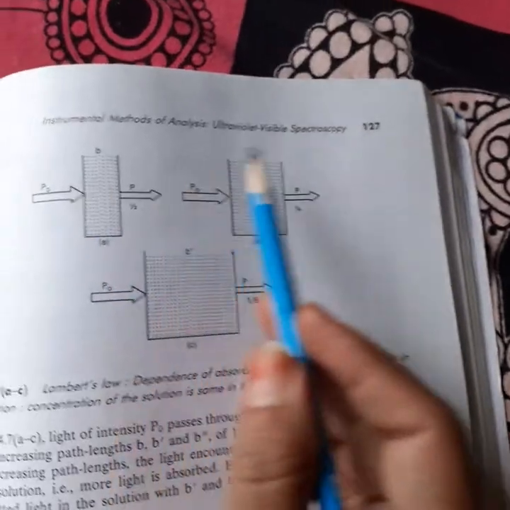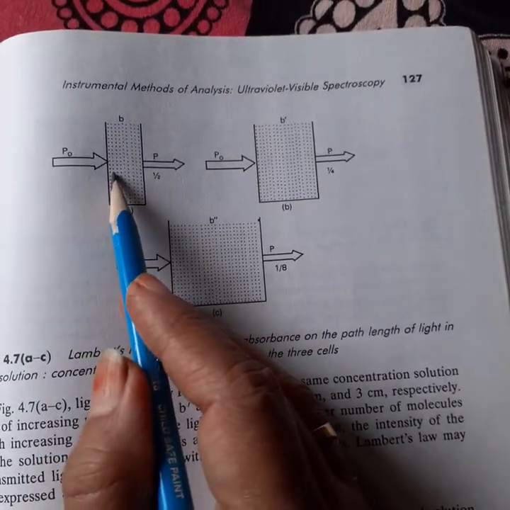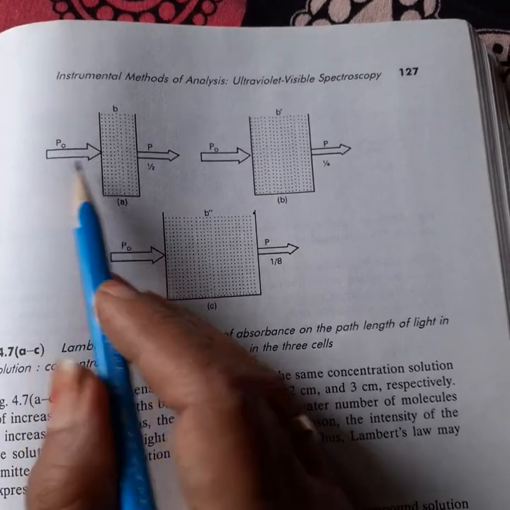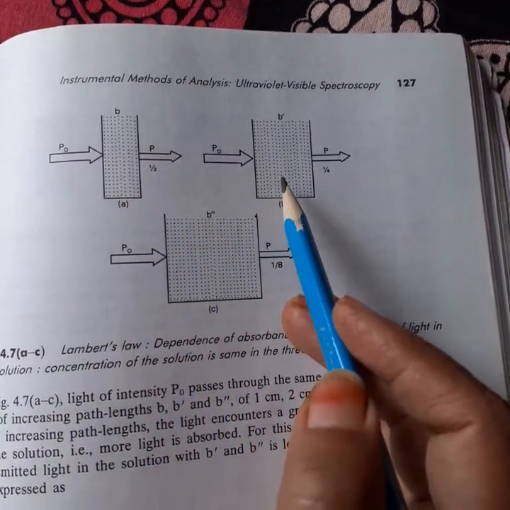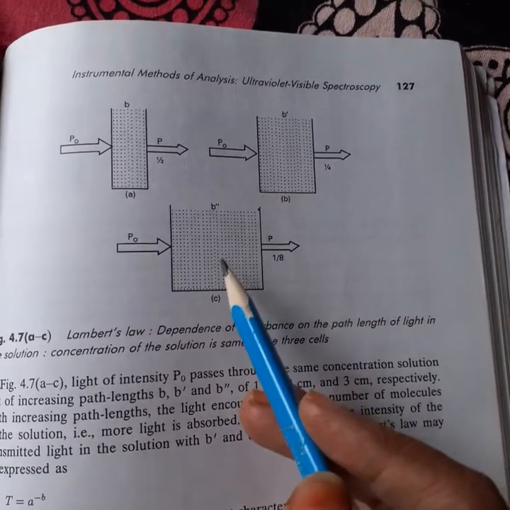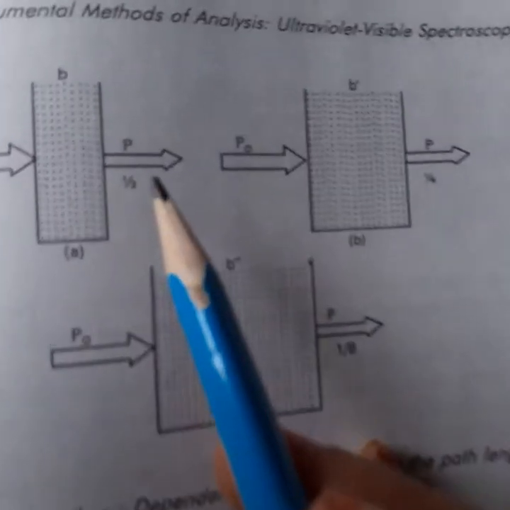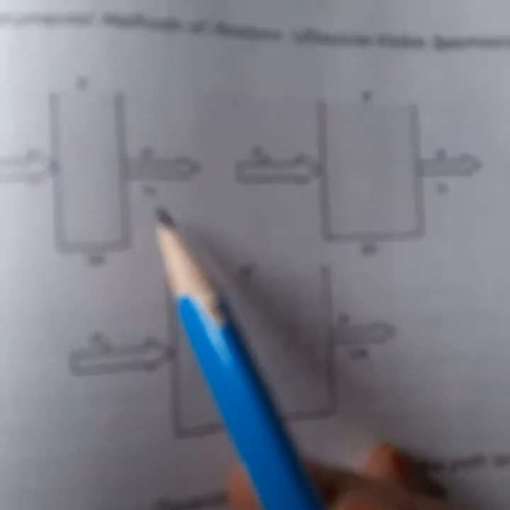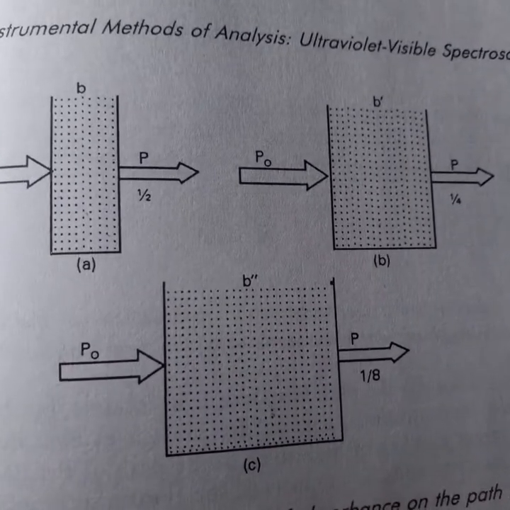See, these diagrams will give a clear picture. If we send light radiation of intensity P naught, this is the path length B. Compared to the first figure, here the path length is increased, and here it is increased even more.